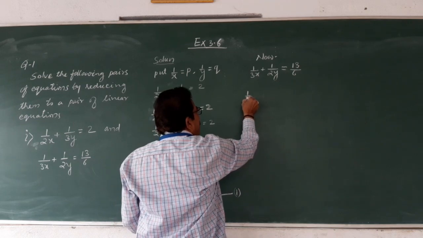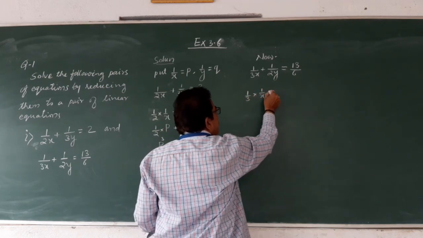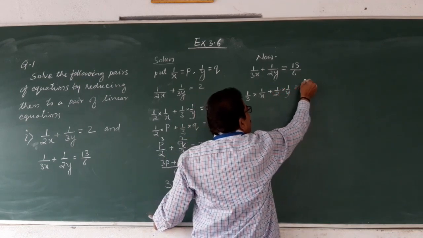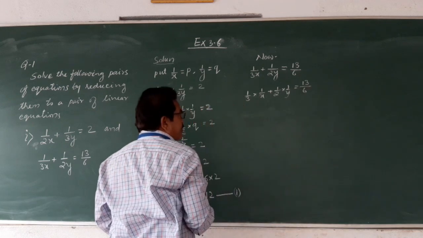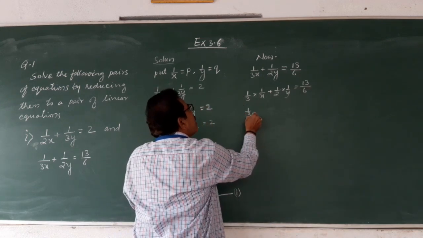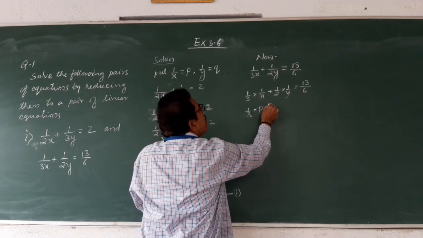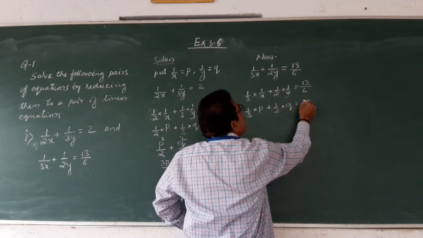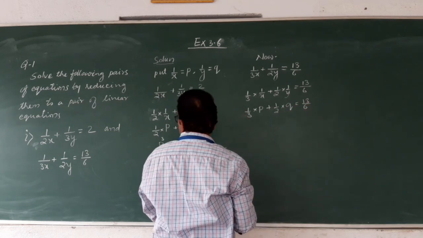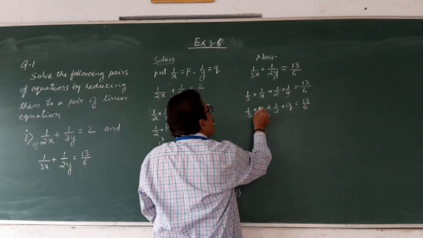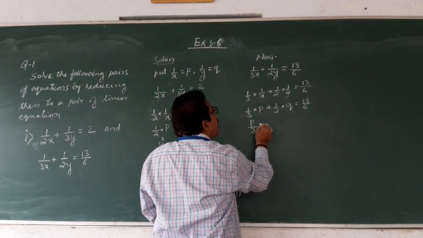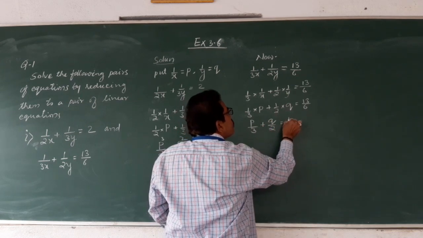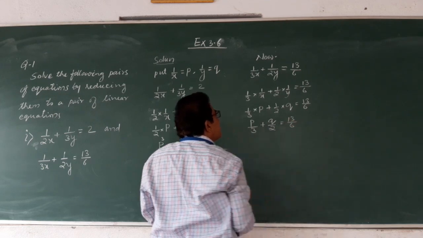That is 1 by 3 into 1 by x plus 1 by 2 into 1 by y equals 13 by 6. So p by 3 plus q by 2 equals 13 by 6.